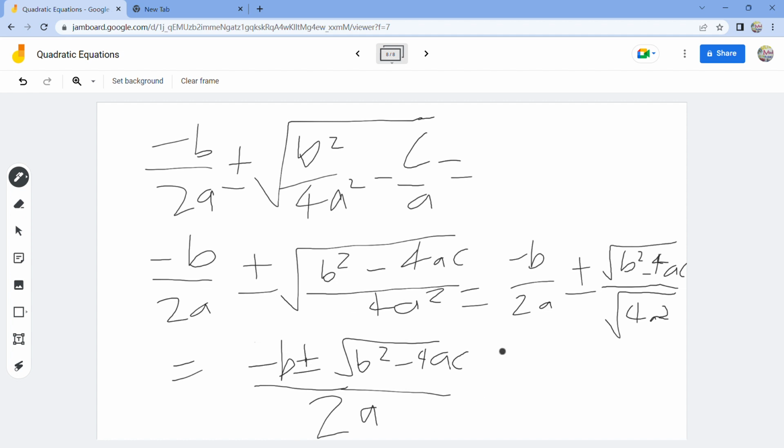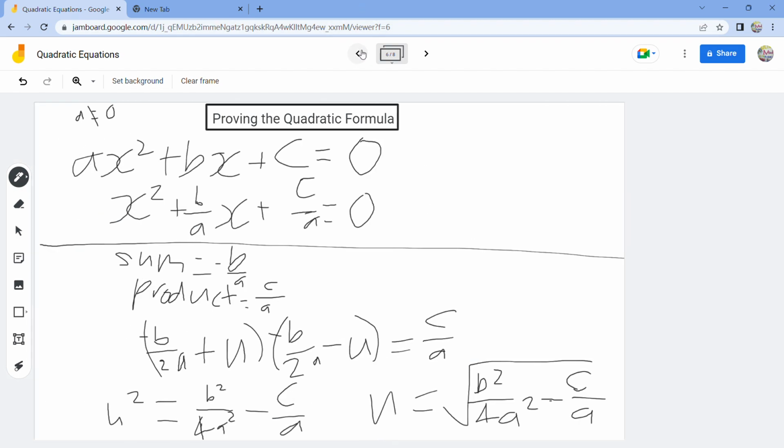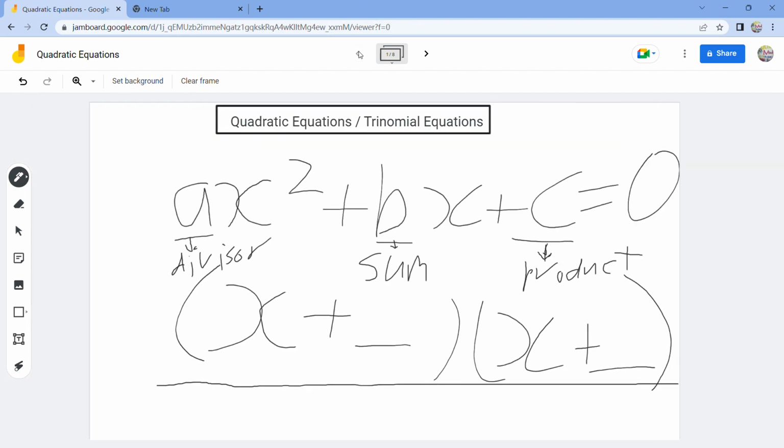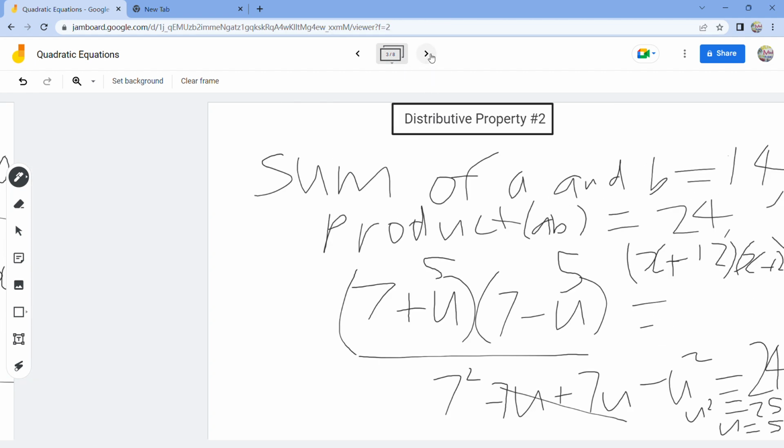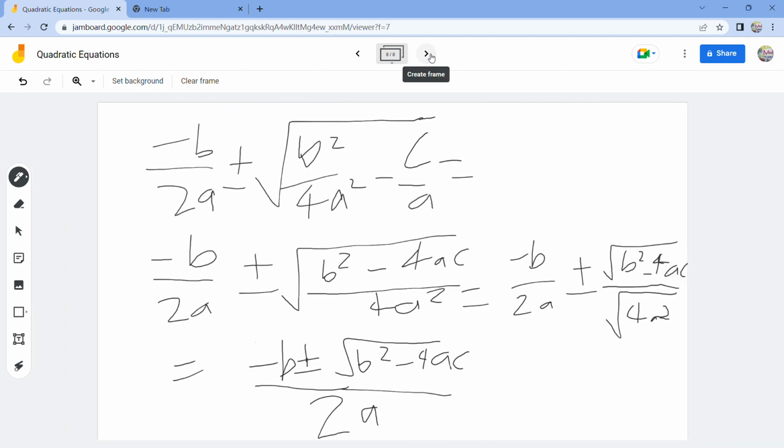Sound the trumpets, musicians, play the pianos and drums. We have proved the quadratic formula. So now you can tell your teacher to give you an A plus because you had proven the quadratic formula and you have done a great job. So let her give you an A plus in your next test.